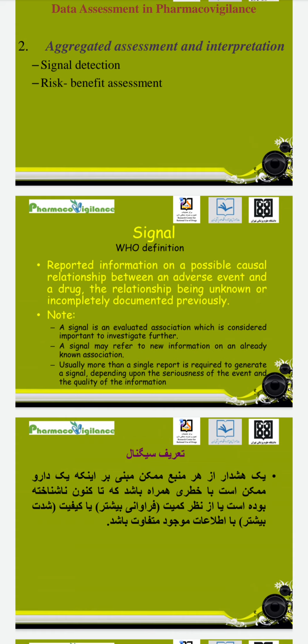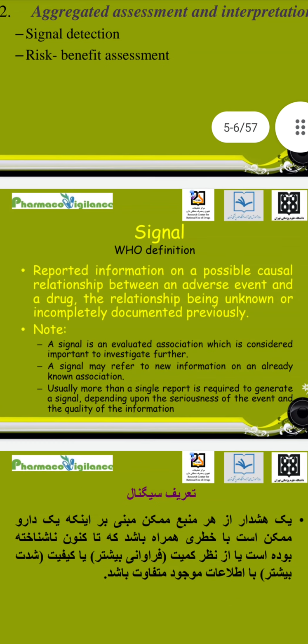Okay, I read it again. Reported information on a possible causal relationship between an adverse event and a drug, the relationship being unknown or incompletely documented previously. A signal is an evaluated association which is considered important to investigate further.